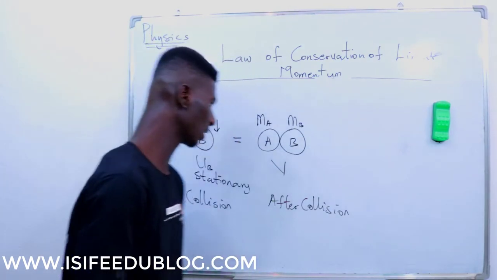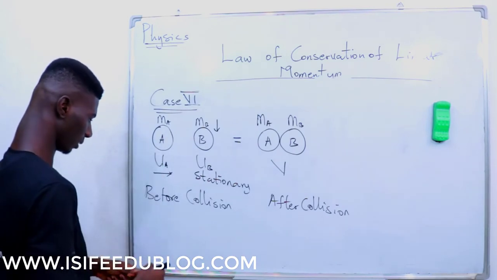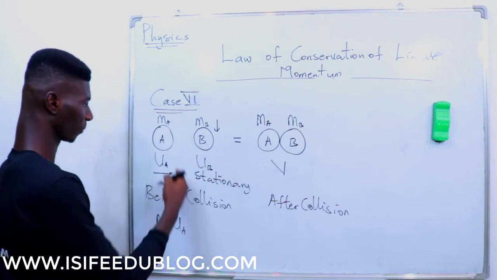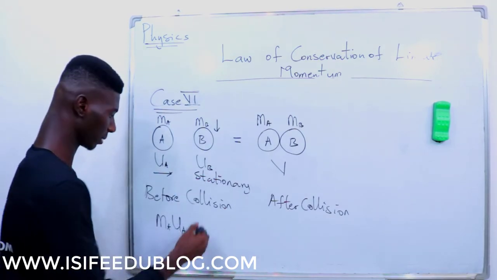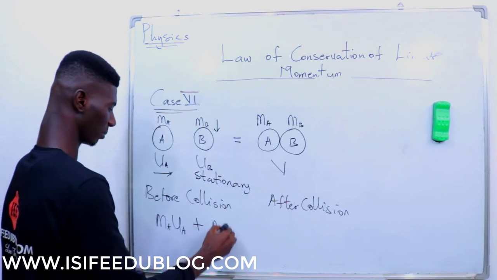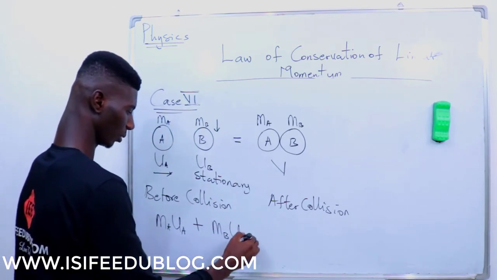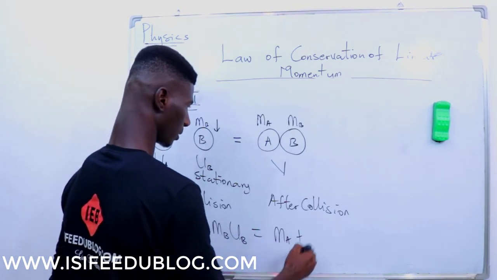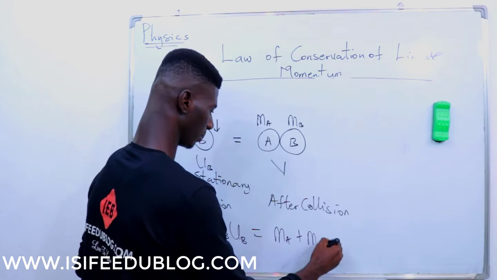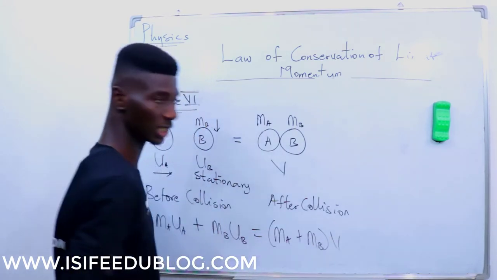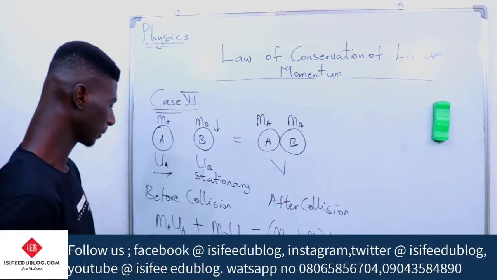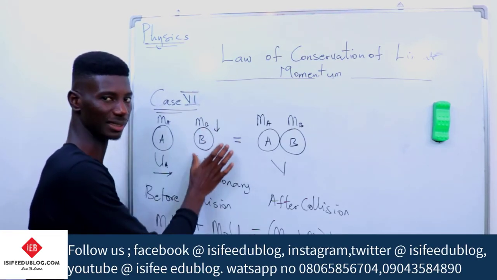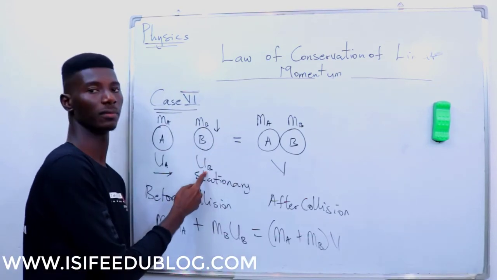So notice that. In this case now, what we have here is MA UA, whether it's plus or minus doesn't matter, plus MB UB, is equal to MA plus MB times V. Now, remember, any body at rest, stationary, has a velocity of 0.